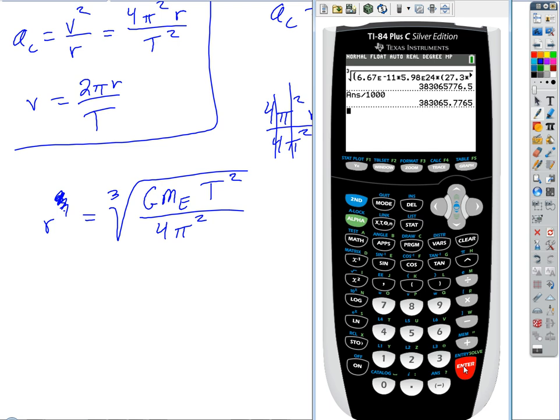Oh, so close. So something in there, like 27.3, is probably not accurate. It's 27 point, who knows, right? And what else could we have done that wasn't accurate? G is 6.67, but I only used it to 3 places, and we only used the mass of the Earth to 3 places, right?